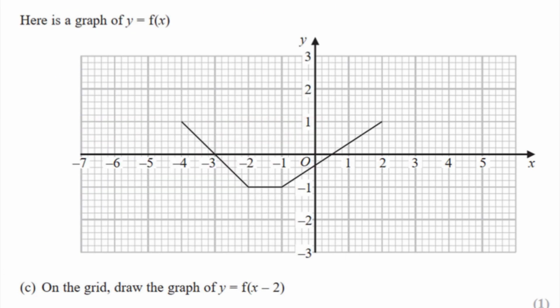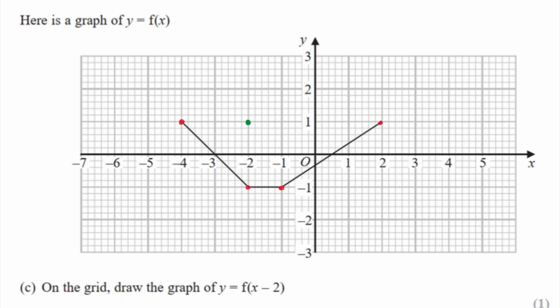Okay, so coming back to the graph, I'm going to take all the discernible points on my graph. By discernible, I mean the interesting ones that lie on the grid lines easily, and I'm going to move each one of those 2 units to the right. So firstly, this point at negative 4, 1 is going to move 2 to the right, to negative 2, 1.